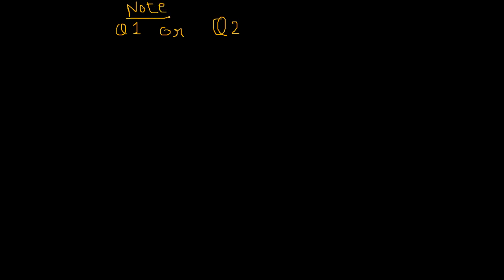It means that if you know question number 1, you can do that and you will get the marks. And if you don't know question number 1 but you know question number 2, then obviously in that case also you get the marks. If you know question number 1 but not question number 2, in that case also if you perform question number 1, you will definitely get the marks.